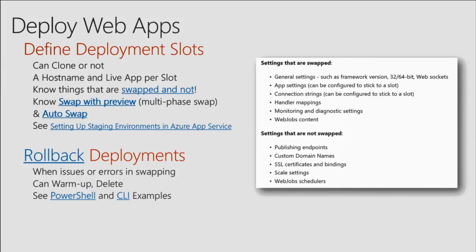So things such as, when you swap slots, what is swapped and what isn't swapped? Perfect example of things you can be asked a question on. Understand, you've got a picture there of what is swapped and what isn't swapped. And again, do everything in PowerShell and CLI as well as the GUI.